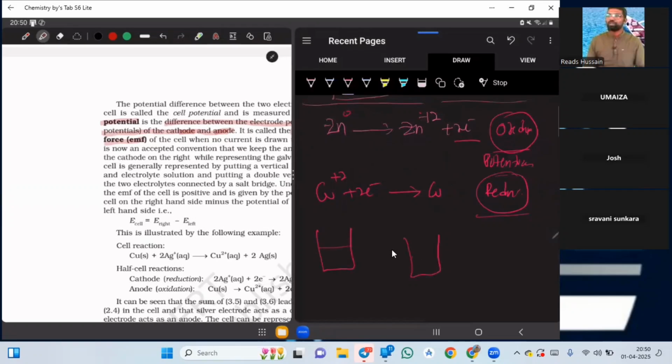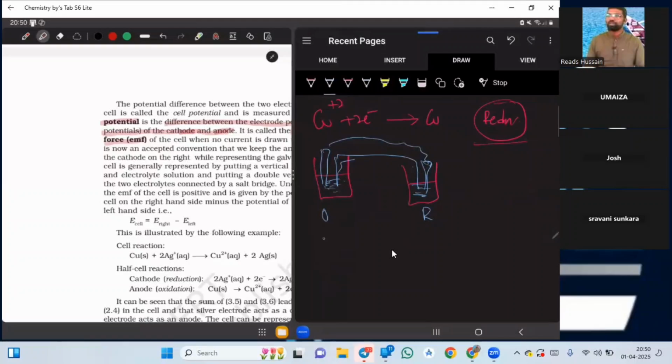Let it be a galvanic cell with two different solutions, zinc sulfate and copper sulfate. This is a zinc rod, this is a copper rod. Both are connected with an external wire. Here is a salt bridge. So this is the whole arrangement. Here oxidation is going on, here reduction is going on. Here is the oxidation potential at zinc, and this is copper. This is the oxidation potential, this is the reduction potential.